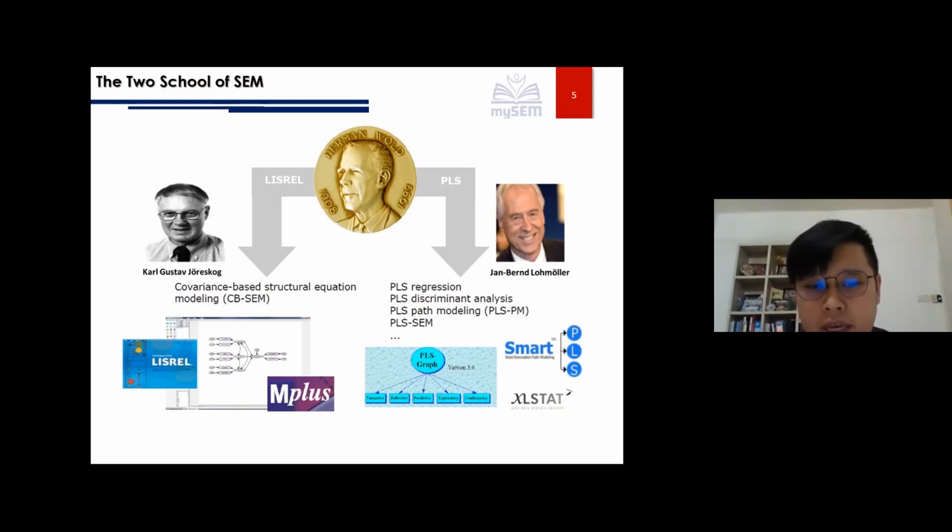At that time, he was involved in a software called LISREL. He worked very hard to push the LISREL software until today. And right now we have other variations of software in covariance-based SEM such as Mplus, as well as AMOS, which is quite famous in Malaysia, where we use AMOS a lot because it's a GUI, graphical user interface, and it is so user-friendly to use.